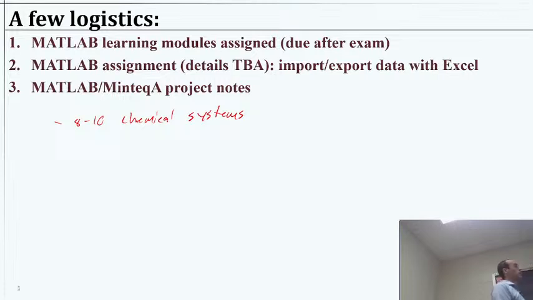And then if you're doing the MATLAB approach, I'm going to have you select one.